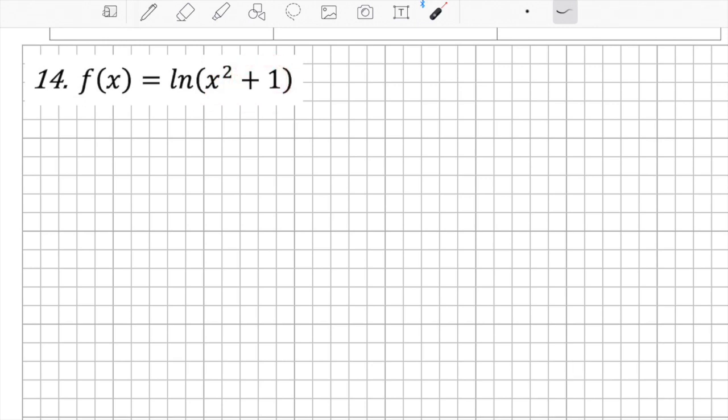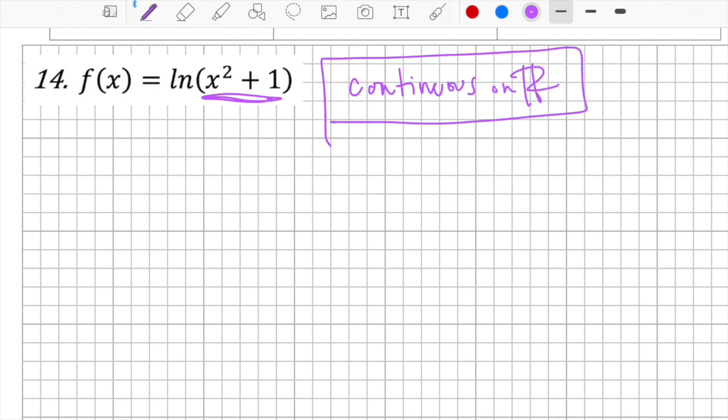It's always going to be positive. Then I'm going to add 1 to it, so that makes it positive still. Whatever x value I plug in here, it's always going to be positive. Therefore, this function is continuous everywhere also, because this will never be negative. So we can just say continuous on all real numbers.